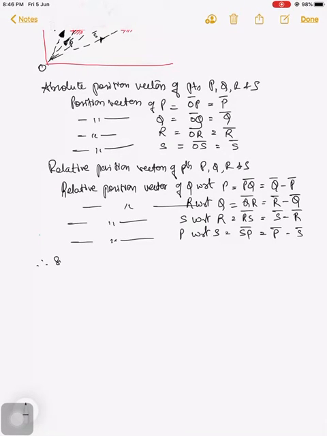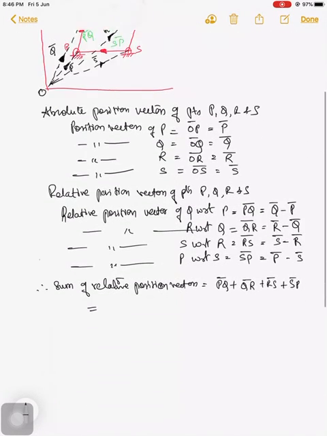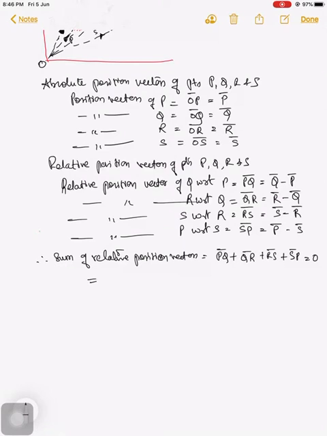Now, as we have defined the loop closure equation, the sum of relative position vectors, that is PQ, QR, RS and SP, as per our loop closure equation definition, should be equal to 0.